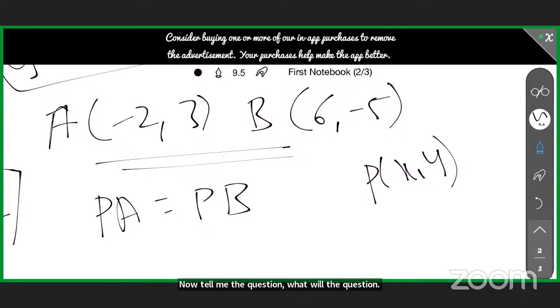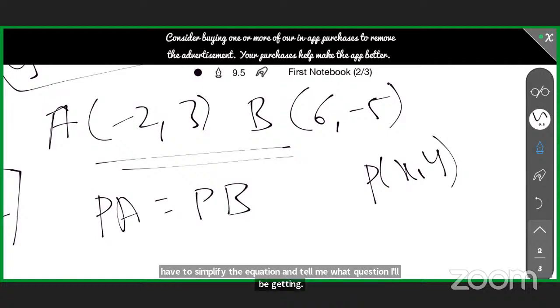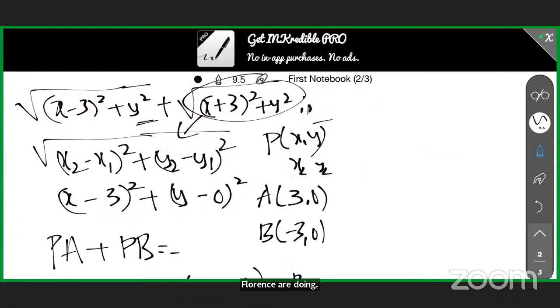You have to simplify the equation and tell me what equation you are getting. You have to use the distance formula, square on both sides, simplify, and bring it to some equation.